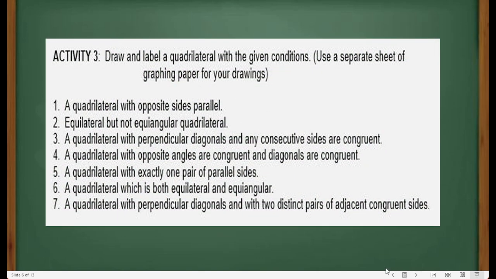Okay, I think you are very much familiar with the different kinds of quadrilaterals as well as some terms, pairs of segments and angles related to quadrilaterals. We are now on the next part of this topic. This is actually an activity.